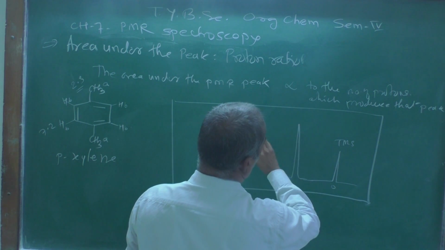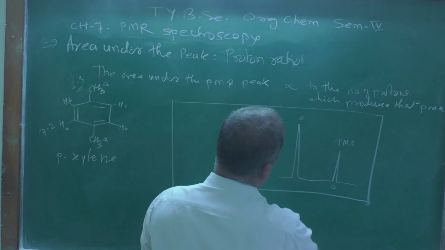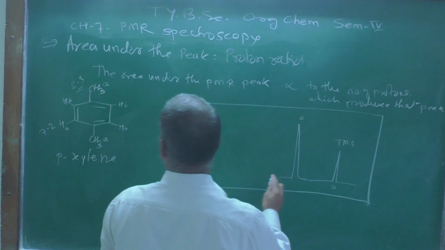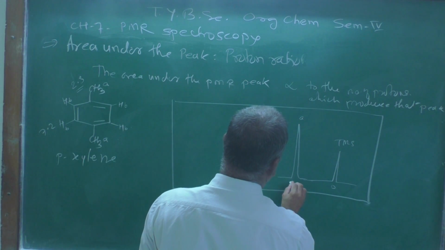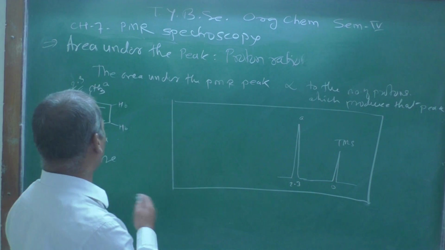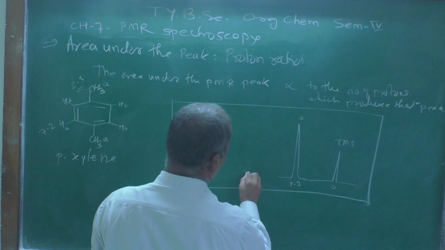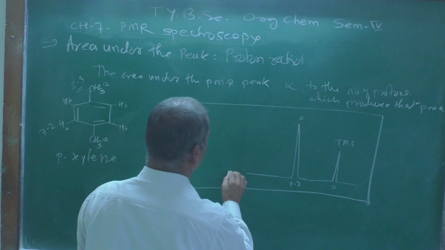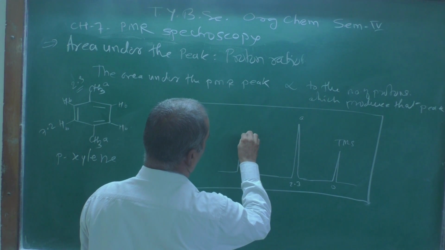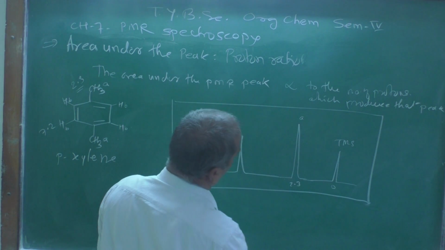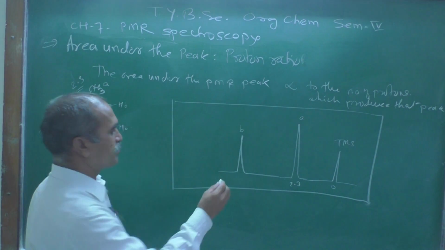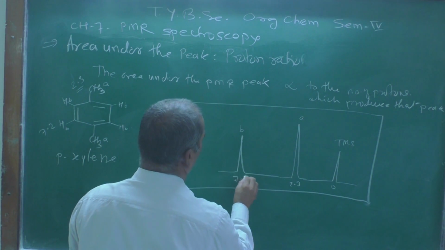This is due to the A proton, found around 2.3 delta. Another one is the deshielded proton, this peak. This is the B proton, the aromatic proton, found around 7.2.